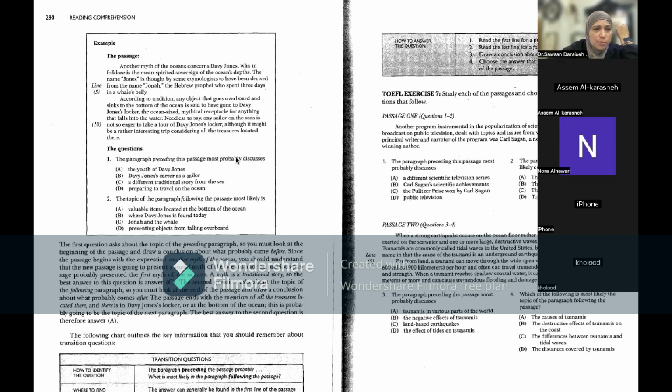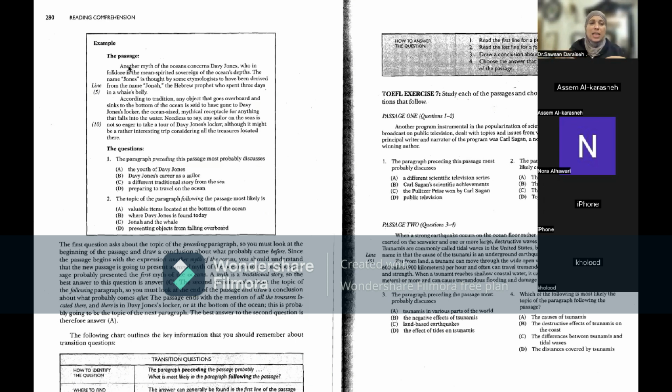What would it discuss, in your opinion? When someone says another myth of the ocean concerns Davy Jones, that means the previous paragraph was about another myth, but not about Davy Jones, maybe about something else or someone else, right?